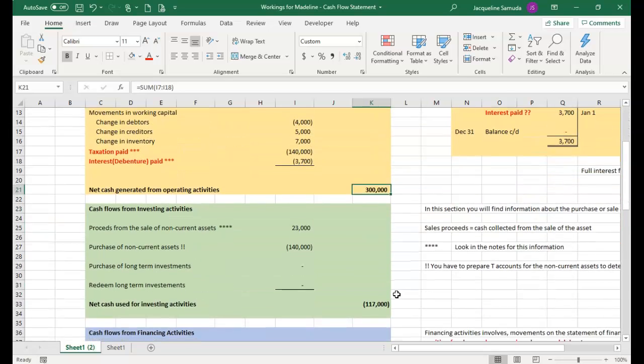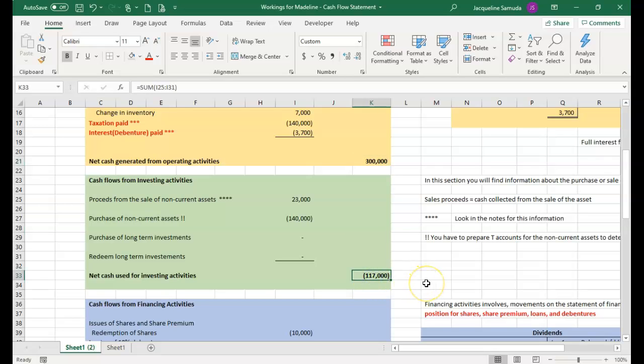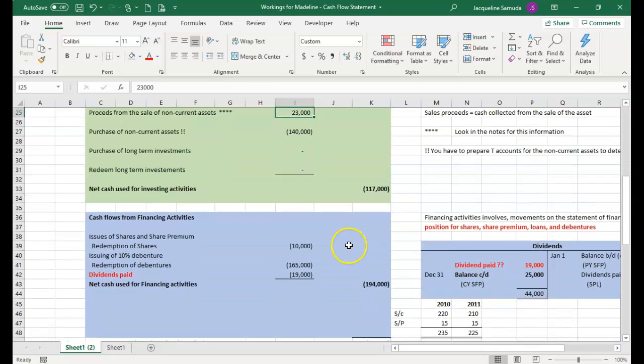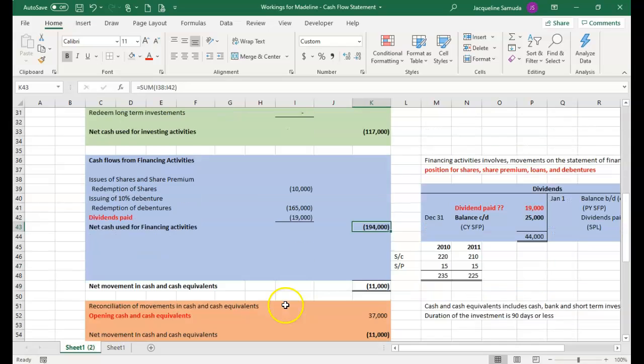However, they used up $117,000 of that to invest in new assets, with support from the sale of some old assets. During the year also, they used up some of that $300,000 to clear their debenture debt, to pay dividends, and to buy back some shares from the public. That came in total to $194,000.